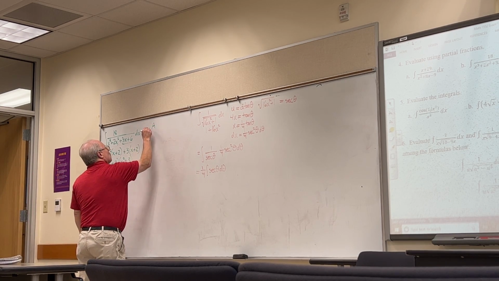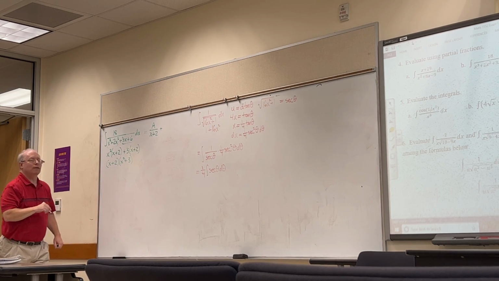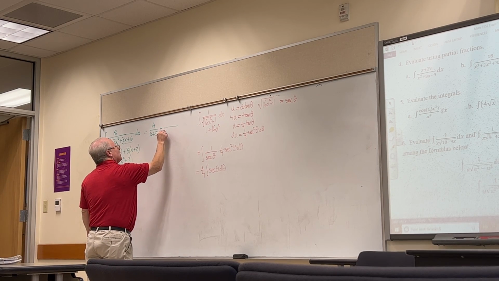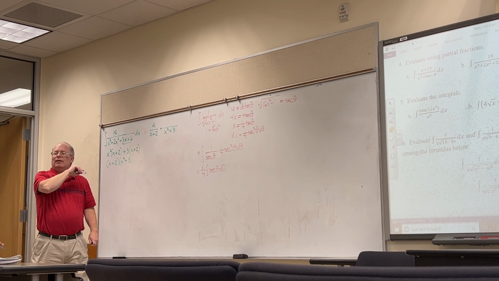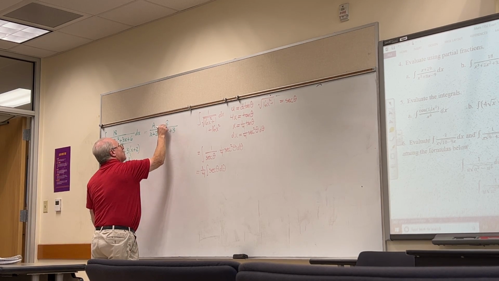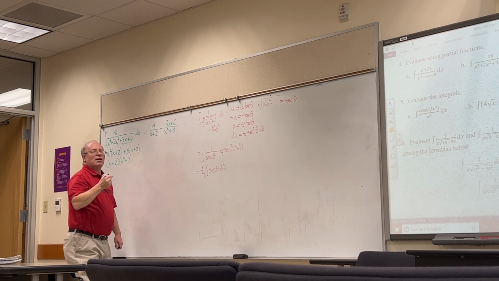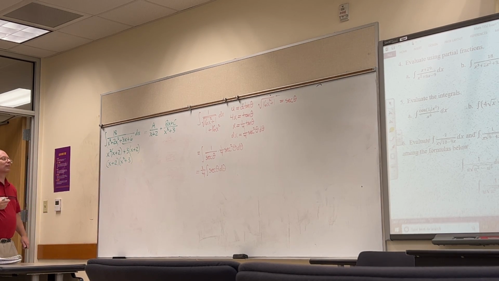We have A over x plus 2 plus, well, we're going to have x squared plus 3 in the second denominator, but would we just have B there? Yeah, we have Bx plus C. Remember, we have to have something of the form Bx plus C if the denominator is quadratic.